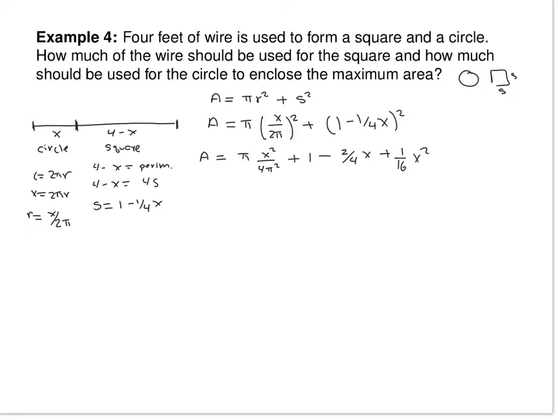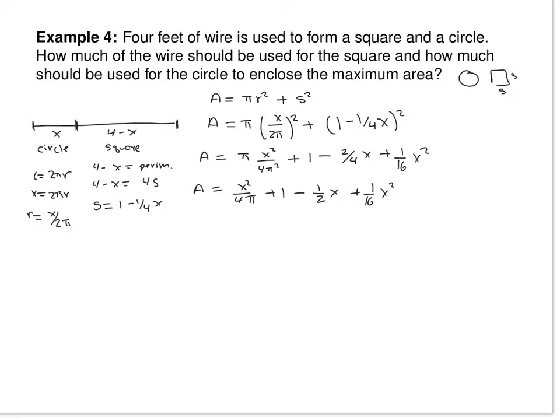The pi's can cancel, yep. So you'll have A equals x squared over 4 pi plus 1 minus a half x plus 1/16 x squared, right? Is that okay? All right. Now, this is the equation you want to find the max or minimum of, right?